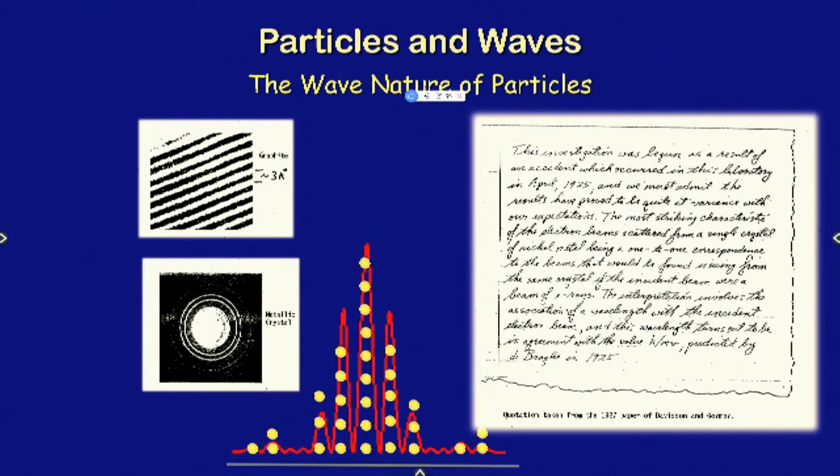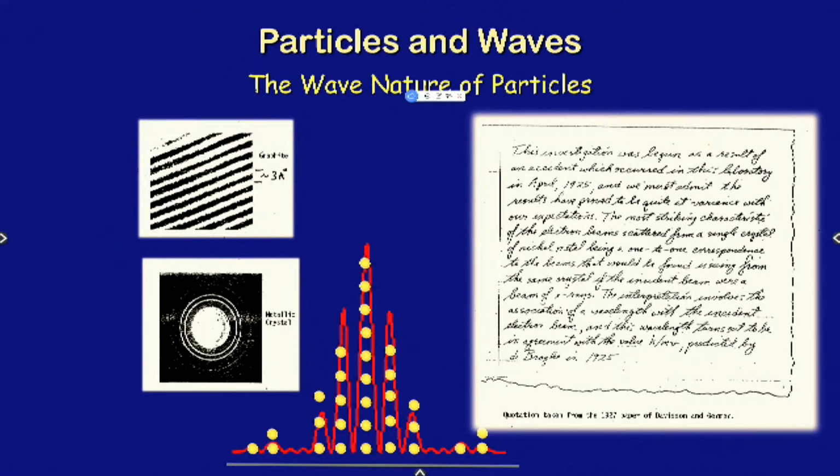Actually, they were trying to measure the electron energies, but the crystal kind of got in the way. So the electrons went through the crystal by accident, aimed at the wrong part of the apparatus. And when the electrons went through the crystal, their detector gave them light and dark spots. It gave them a diffraction pattern.